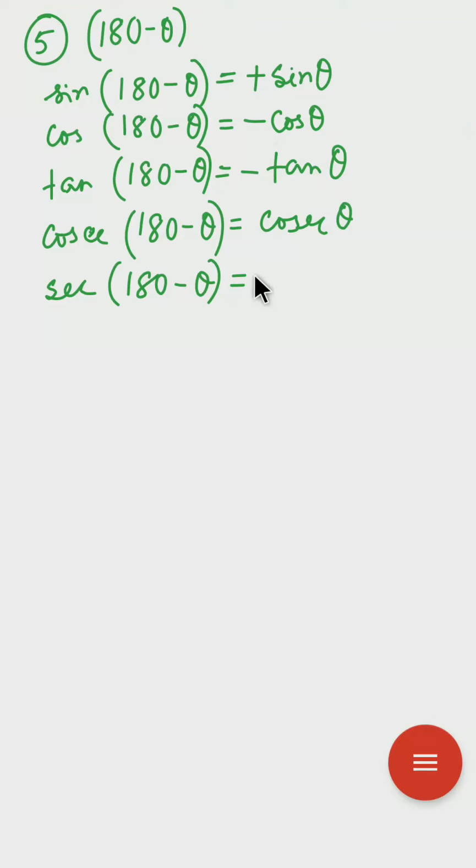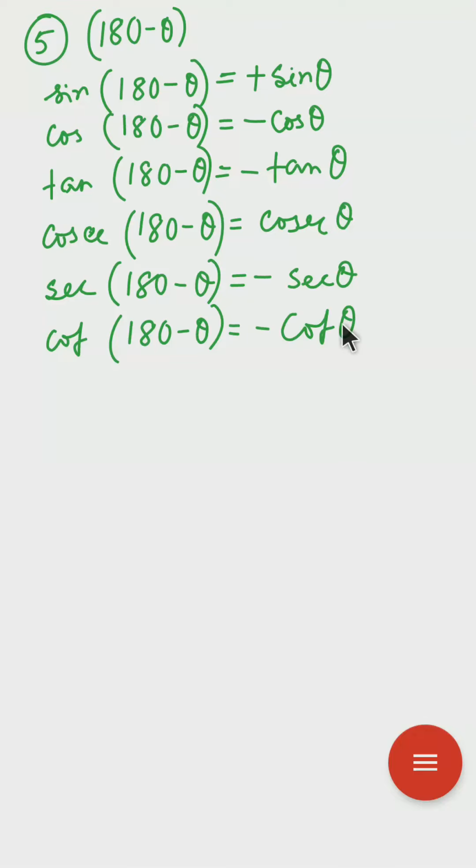So this is equal to minus sec theta. And lastly, cot 180 minus theta is equal to 1 by tan 180 minus theta, which means this will come as minus cot theta.